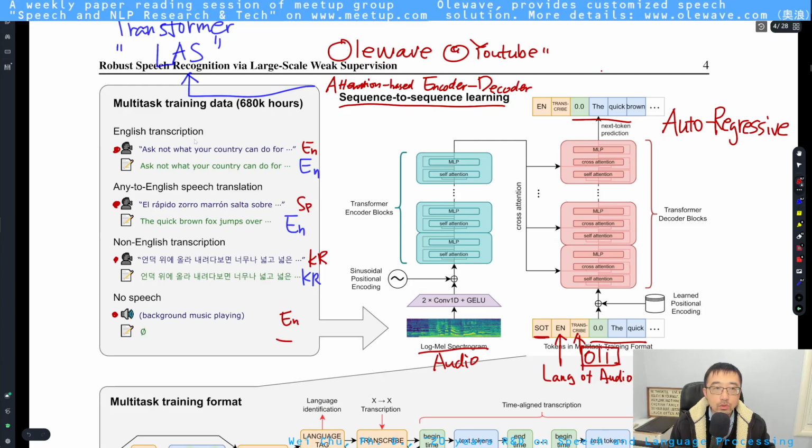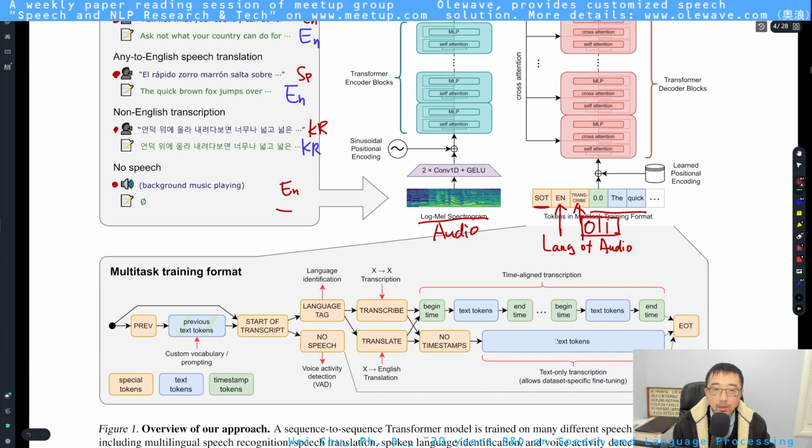So in this English transcription scenario, you may say, okay, do they set this to be English? It does not necessarily have to be, because you can see in their system, they have a language tagging module, which means this language tag is generated by a language identification module. They train on some language audio data.